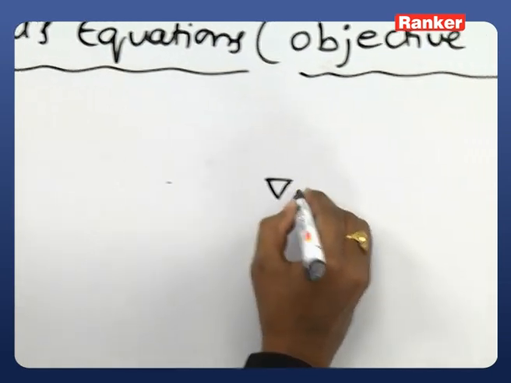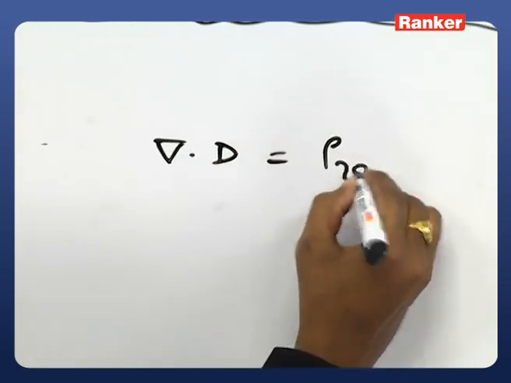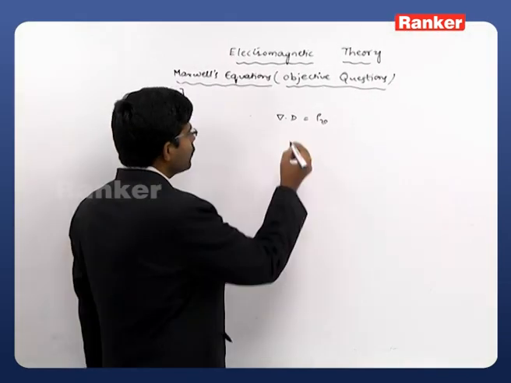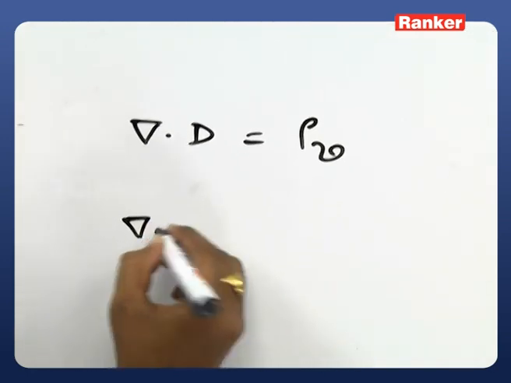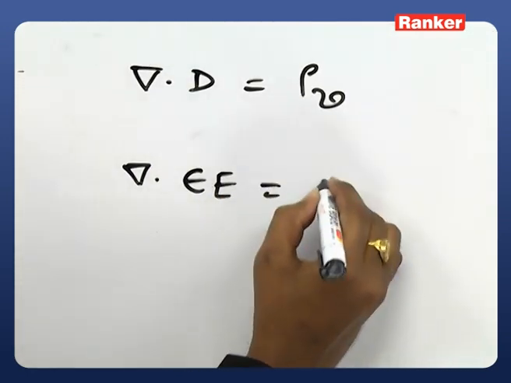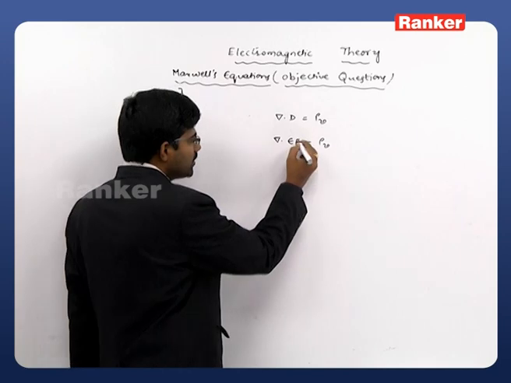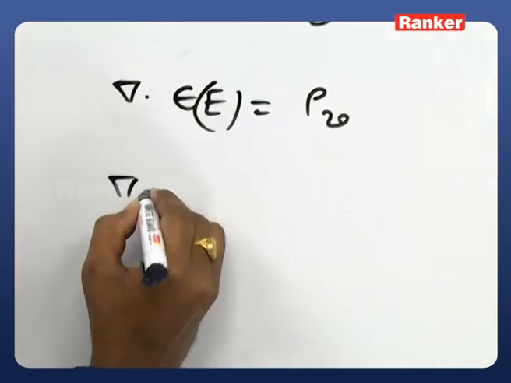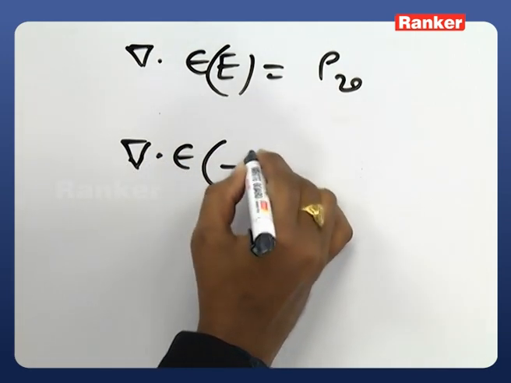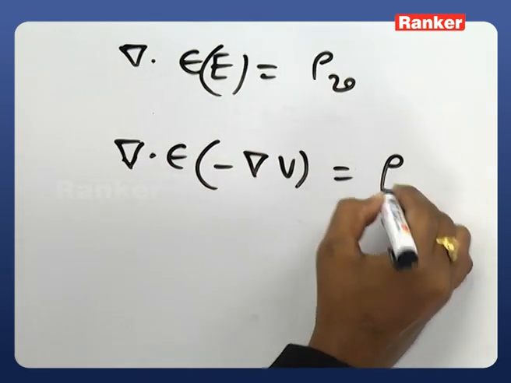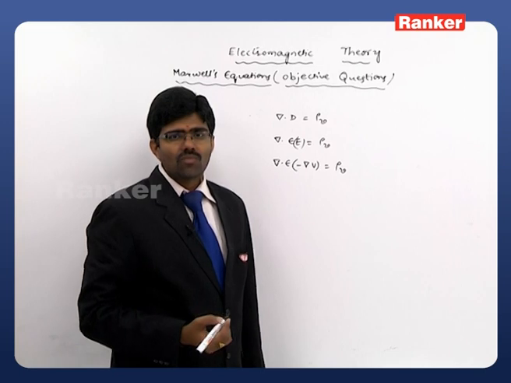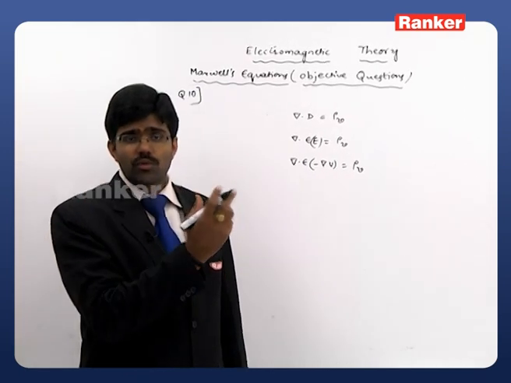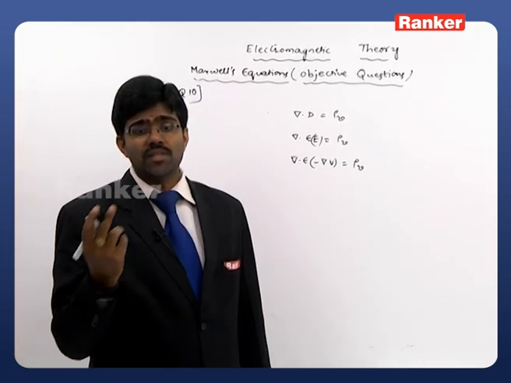Take your Gauss law, that is del dot D is equal to rho V. That can be modified as del dot epsilon E is equal to rho V, and this E can be replaced with the equivalent of its potential, that is del dot epsilon times minus gradient of V is equal to rho V. This epsilon can be brought out from the differential operator if it is a homogeneous medium.